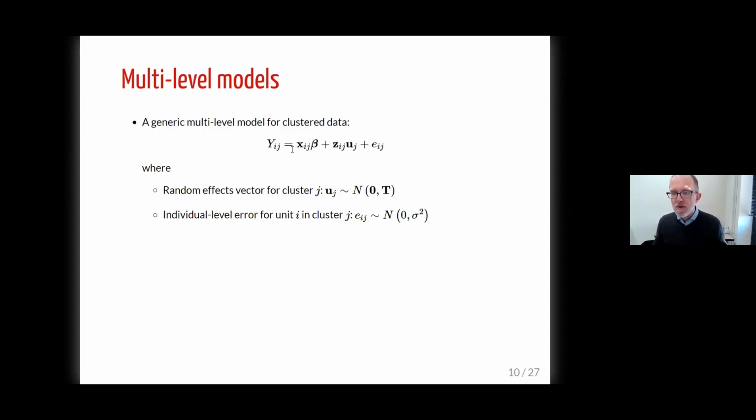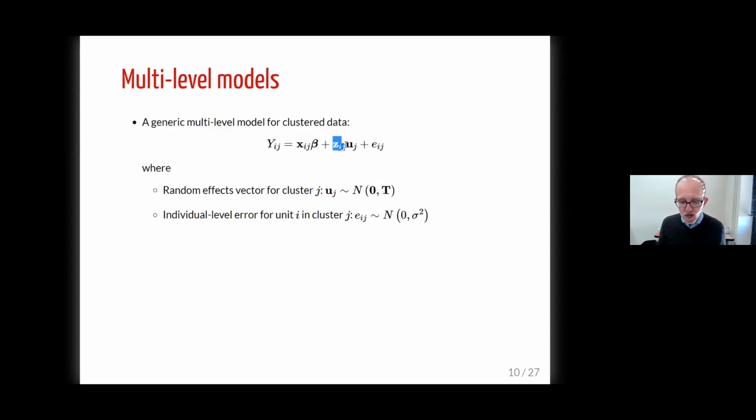Multi-level models really have two parts to them. The first part is what you would call the fixed effects, or the systematic part of the predictor, where we're explaining the outcome in terms of some predictors, x_ij, times a coefficient vector beta. Then we've got this other term here, plus z_ij u_j. These are the random effects.